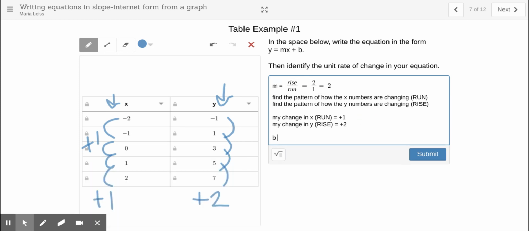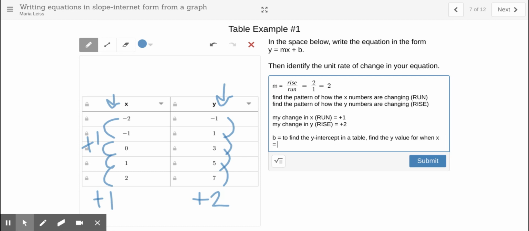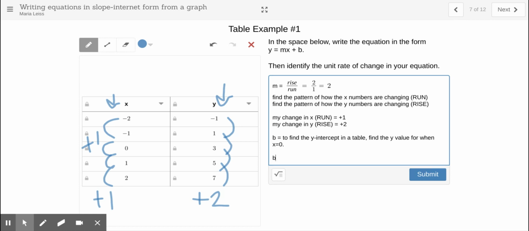So now I have to find a b. Here's the secret. To find the y-intercept in a table, find the y value for when x equals 0. If you can find the y value for when x equals 0, you have found the y-intercept.